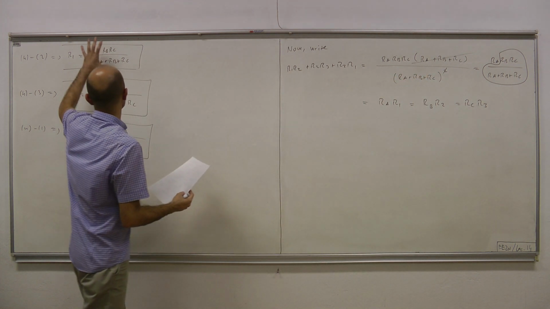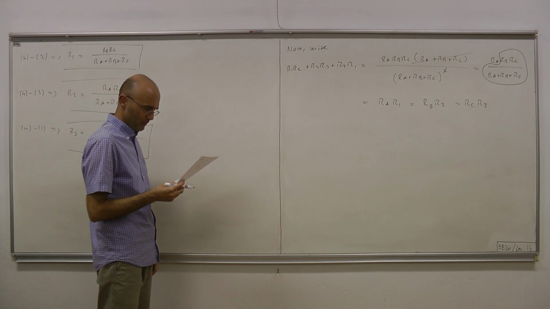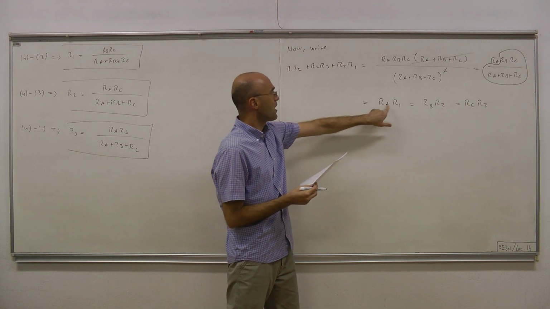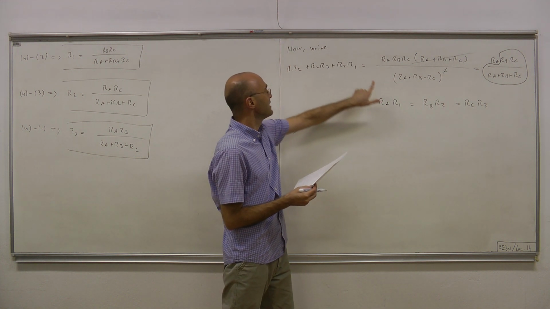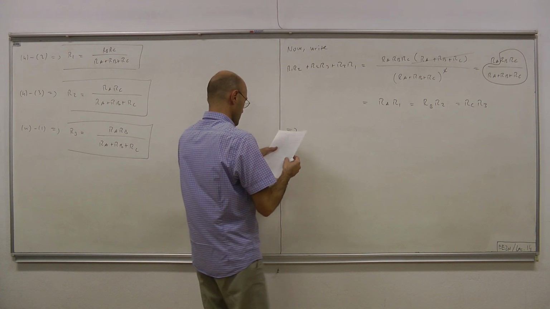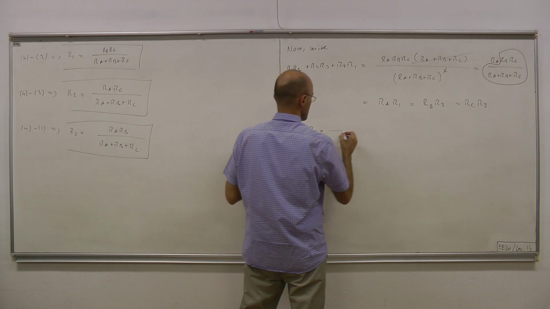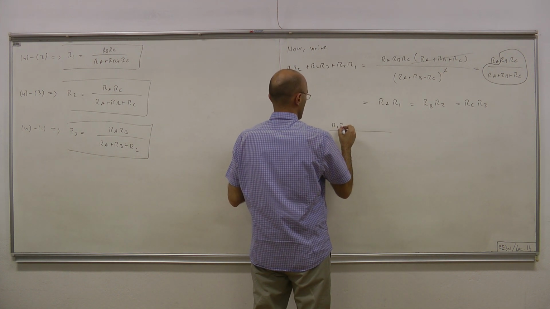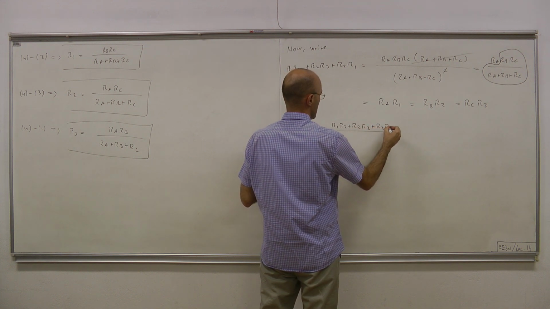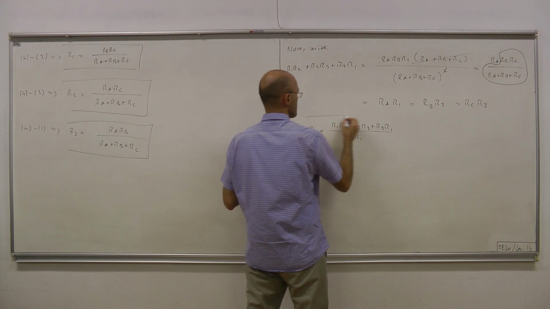Everything we need is in these equations that we just derived. Hence, if this thing equals RA times R1, we can simply divide this by R1, and that gives us RA. Therefore, RA equals R1 R2 plus R2 R3 plus R3 R1 over R1.